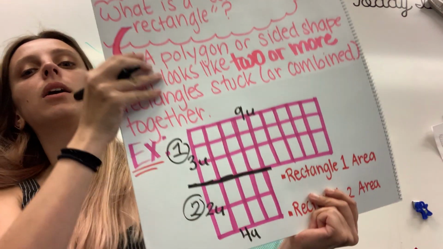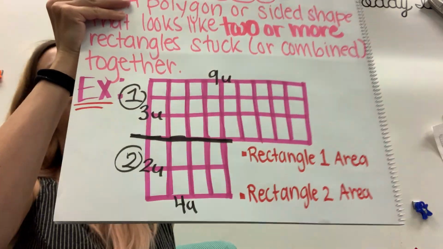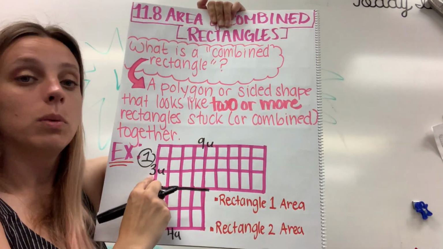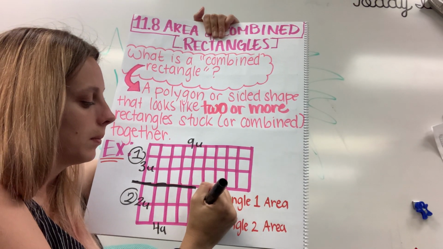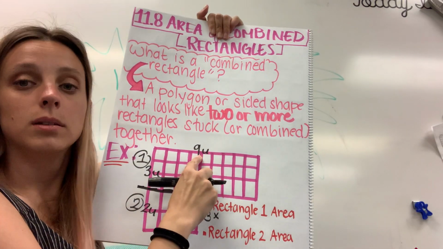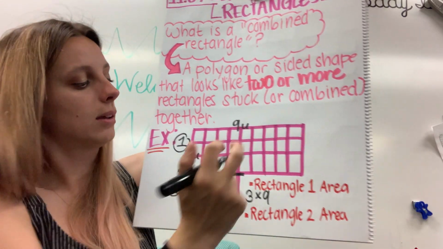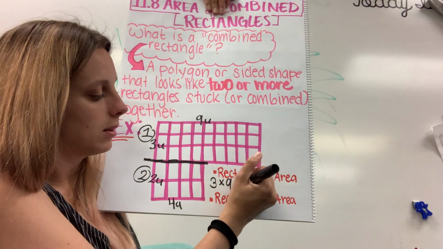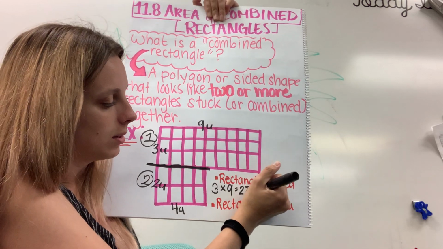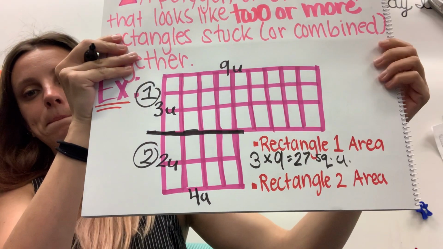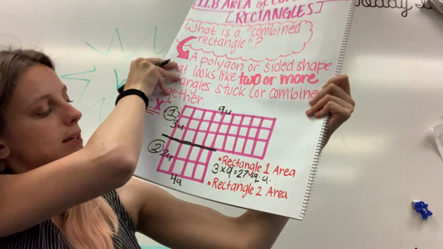Now I can solve for the area of those two rectangles by multiplying the lengths and the widths. So rectangle 1's area would be 3 units times 9 units. And if you know your 9's trick, you know that that would be 27 square units, or units squared, right?